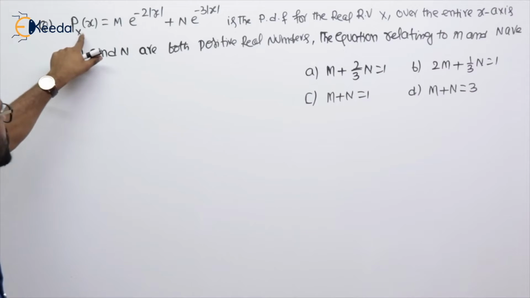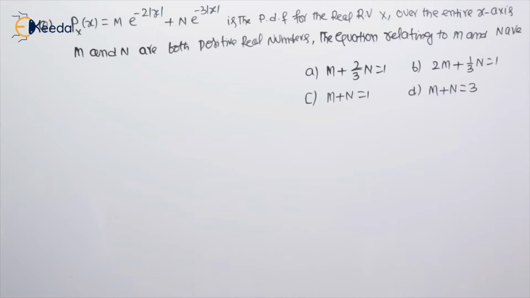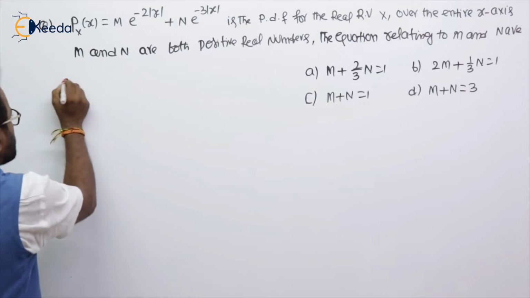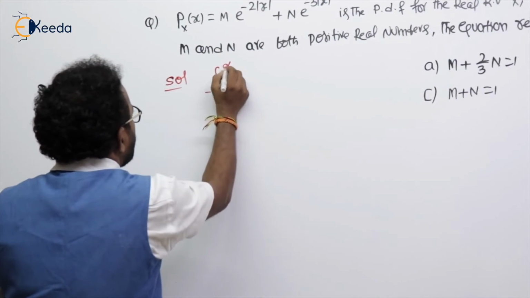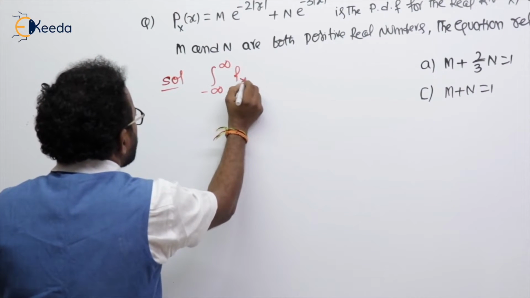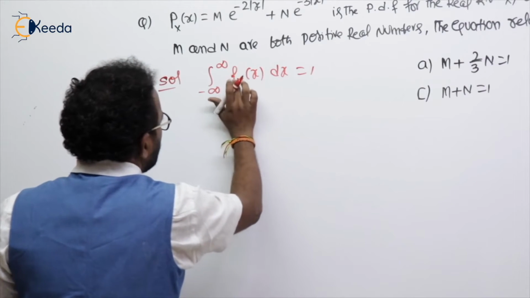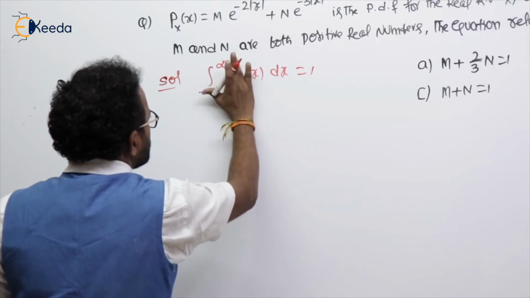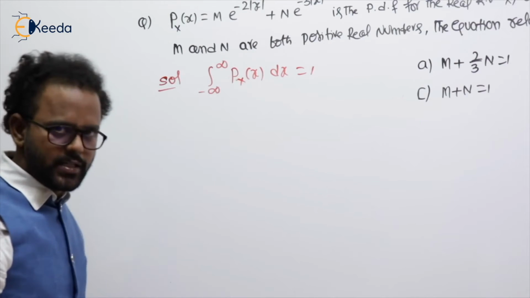What is given is a PDF, so what is the total area under the PDF? The total area under the PDF, fx of x dx, is 1. In place of fx of x, he has given the PDF with the symbol px of x.